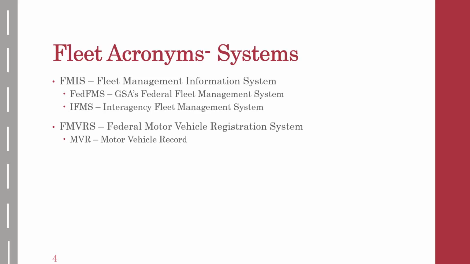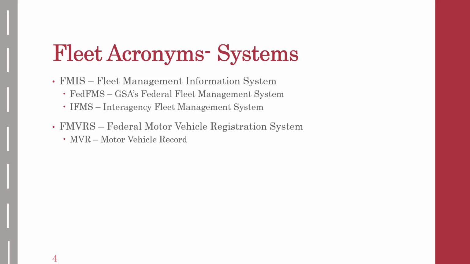Now, an example of an FMIS is FMS. That's the GSA's Federal Fleet Management System, and that is also an IFMS, which is an interagency fleet management system. So this system is available for owned fleets within the federal sector to use in the management of their fleet.